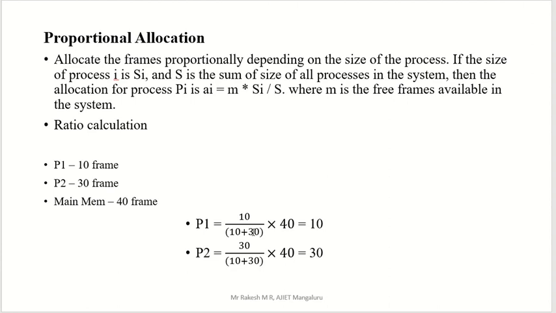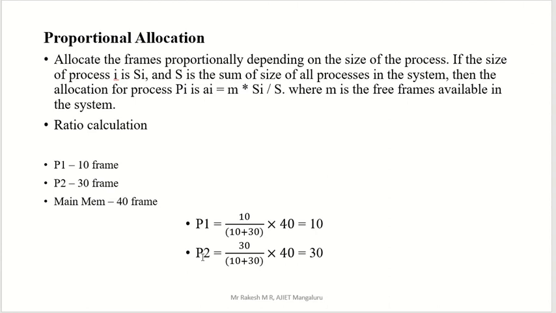So 10 plus 30, into, what is the total number of frames in your main memory? 40. 10 is the demand by P1 plus 30 is the demand by P2, because only 2 processes are there, so we added two numbers here, into 40, the main memory frames. This 40 and this 40 cancel, so 10 is the answer. So P1 will get 10 frames out of 40 frames.